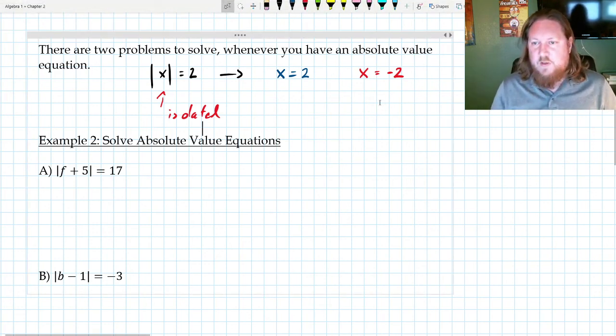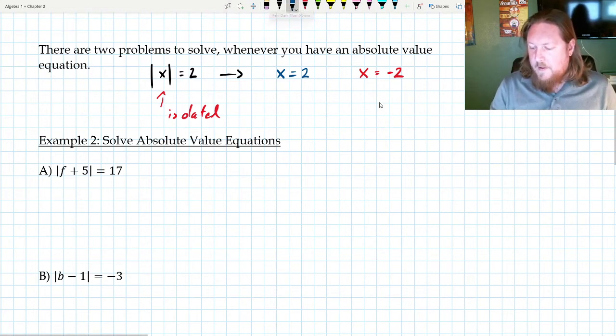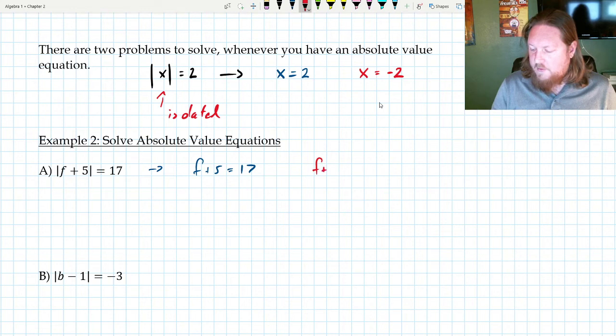So in example 2 here, we're trying to solve some absolute value equations. I see that my absolute value bars are isolated, so that's going to give me f plus 5 equals 17 for the positive part, and f plus 5 equals negative 17 for the negative part. And now I'm going to solve each one of those equations just like it's a normal 1 or 2 step equation.